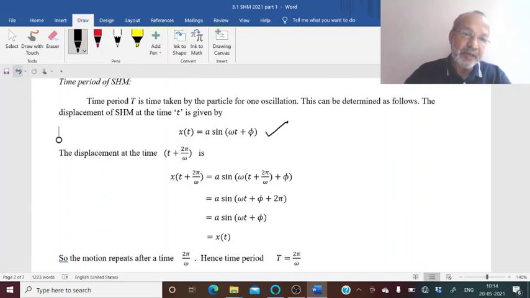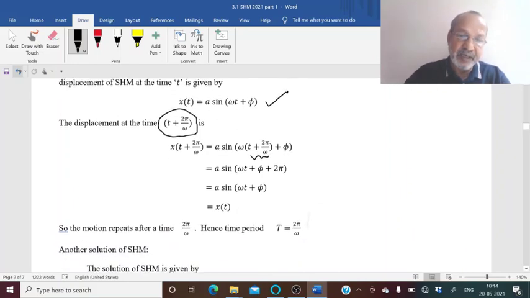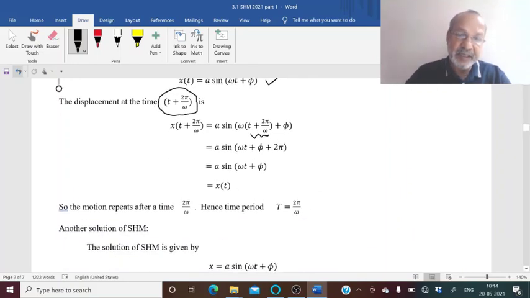Now let us calculate what is the displacement when time is equal to t plus 2 pi by omega. To get that, we substitute, instead of t, t plus 2 pi by omega. Then we can see that this omega t plus phi is incremented by an angle 360 degrees or 2 pi radians.